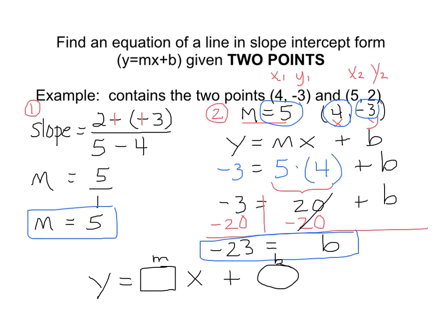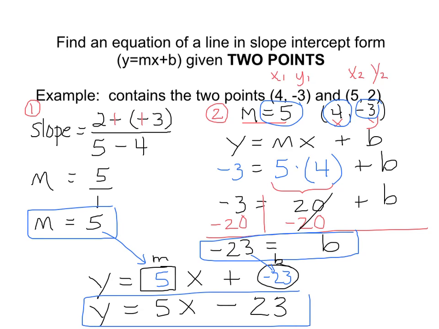So inserting those numbers, we can take that 5 for the m and our -23 for our b. And cleaning that up just one little bit, y equals 5x plus a negative we'll write as a minus 23. So y equals 5x minus 23 is the equation of the line in slope-intercept form that contains the 2 given points, (4, -3) and (5, 2).